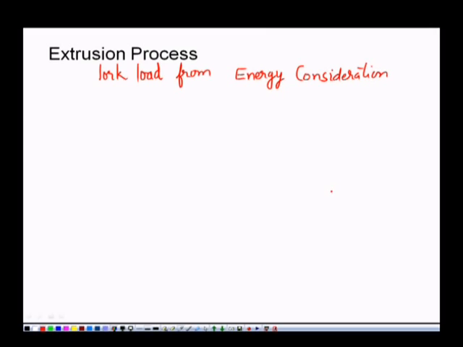Now, we are going to consider the energy concept for the extrusion. So, this is the workload for the energy consideration.